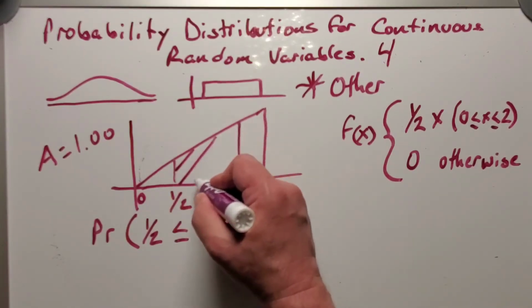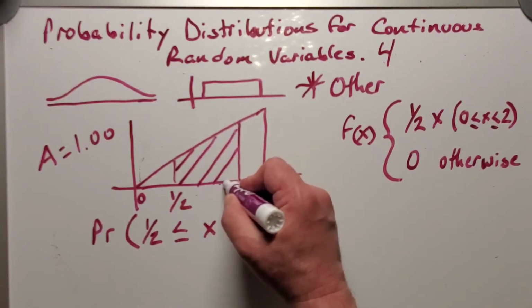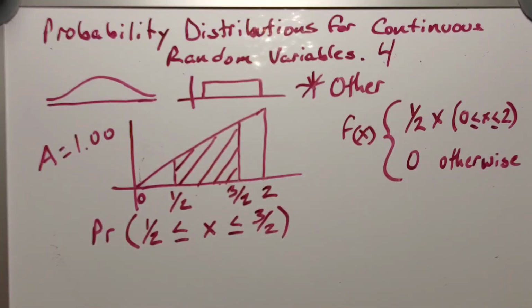We want this. How are you going to do that? You can use a modification of the techniques that we just used on the last problem. Why don't you go ahead and pause, work the problem, and come back. Don't give up.